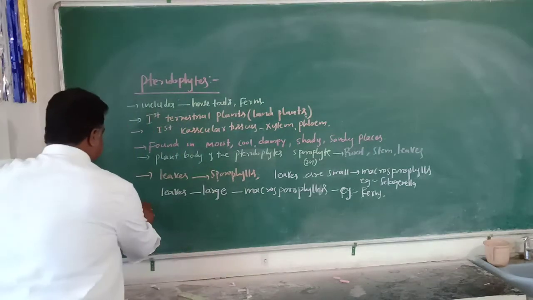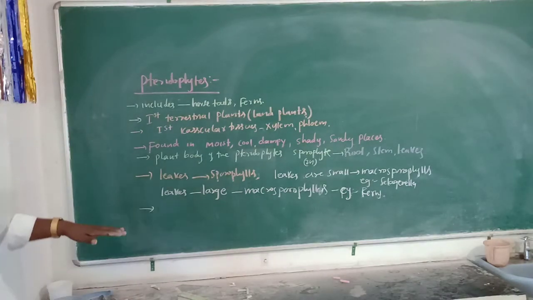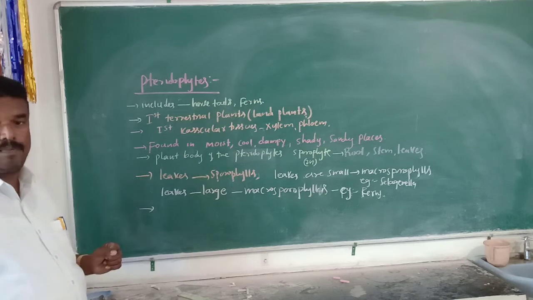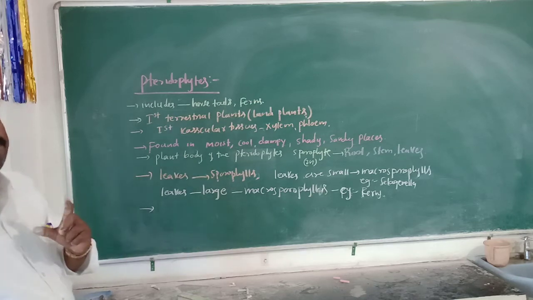Why is the plant body called a sporophyte? Because the sporangia are present. Where are the sporangia present?